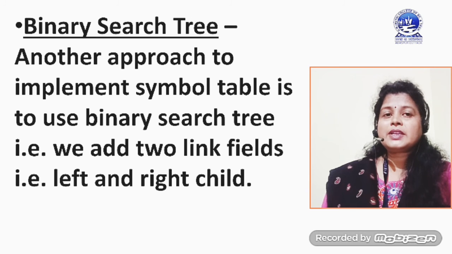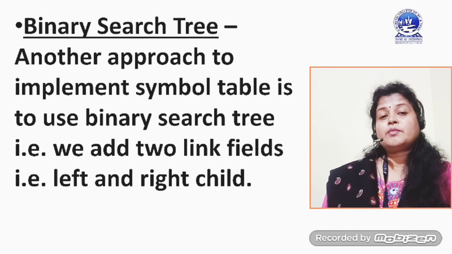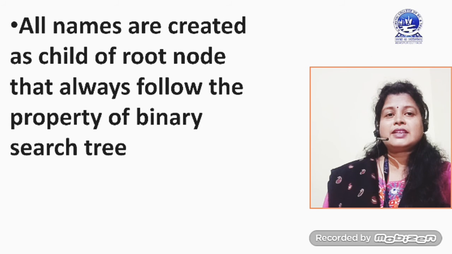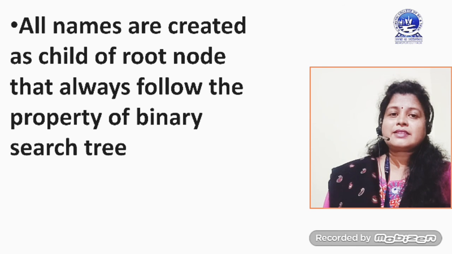The same representation is used here. It is another approach to implement the symbol table, and we know that the binary search tree is very popular in searching. We add two link fields here, one is left, another one is right. All names are created as children of the root node, always following the property of a binary search tree.